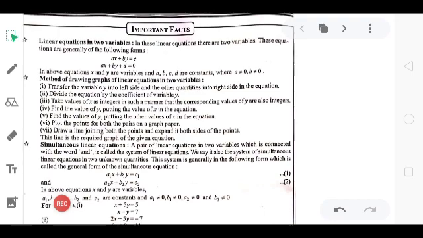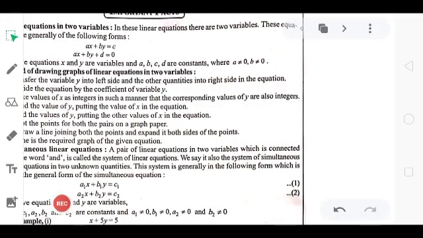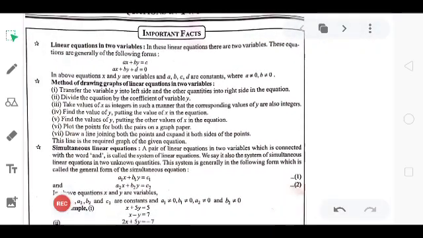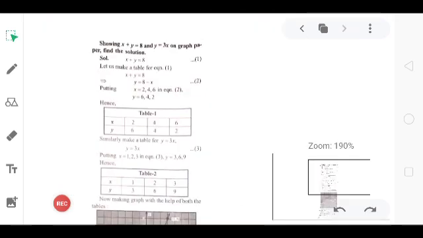First, transfer the variable y to the left side and the other quantities to the right side in the equation. It is written also. You can see here some example.